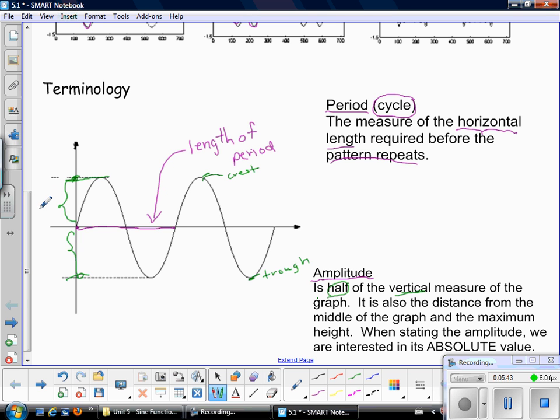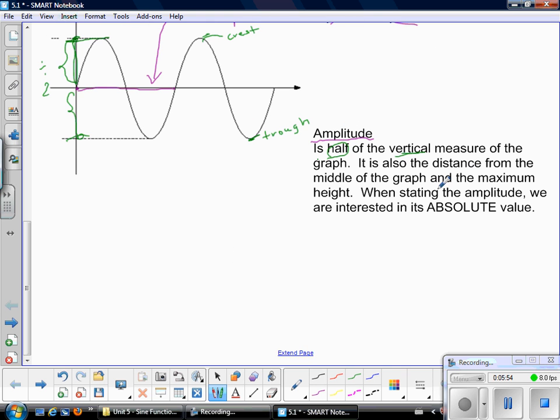Okay, so we divide by 2, and that's how we get, for instance, this amplitude. Now, if you look at what I have written down here, we talk about absolute value. Absolute value means I don't care if the graph is going up first or whether it's going down first. It's the vertical distance here that I'm worried about. And so that's amplitude, the vertical. The horizontal distance or the length of the pattern is what we call the period.